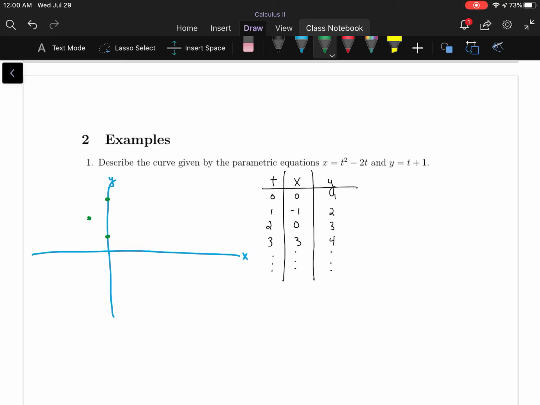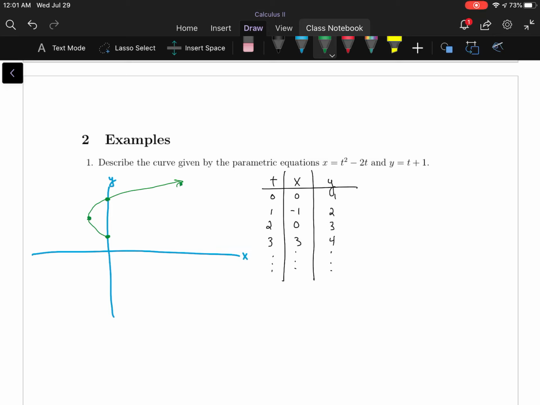And when t is 3, we are at 3, 4, which is about there. So notice that our sketch looks like this.